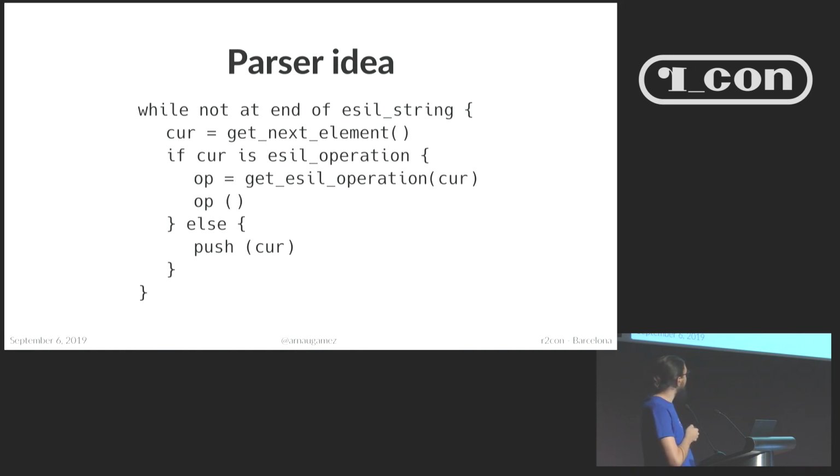If the current one is an ESIL operation, then we will get the operation and perform it. And here I have an indication: the operation that we perform might pop previously pushed values from the ESIL stack and use those symbols as operands for the operation. Otherwise, which means this is not an operation, it will just push the current element onto the ESIL stack.